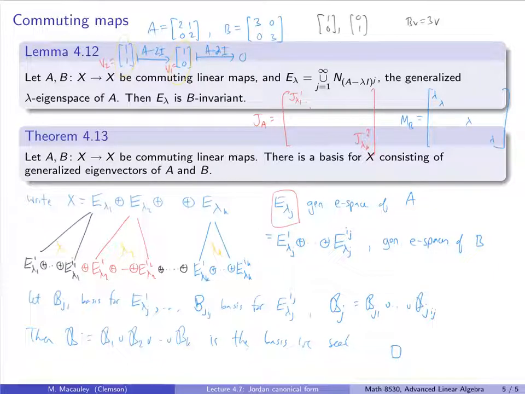Now, if we reorder the basis elements so they correspond to these so-called chains of generalized eigenvectors, then absolutely we can write this matrix in a Jordan canonical form. So you can think of this as what you get by taking a Jordan canonical form of B and then permuting the rows and columns corresponding to some order.